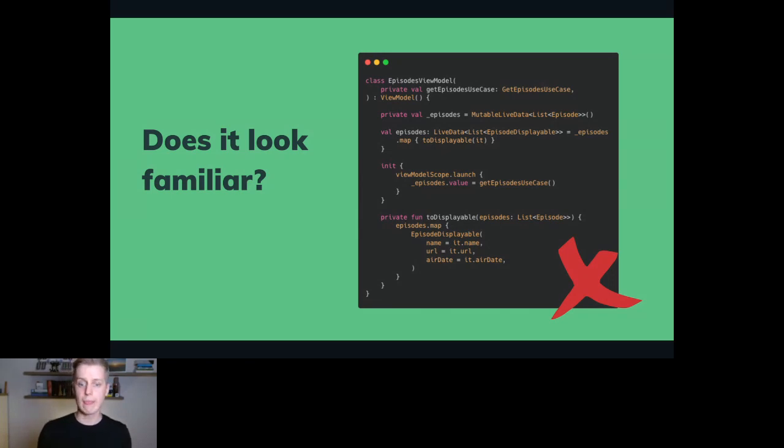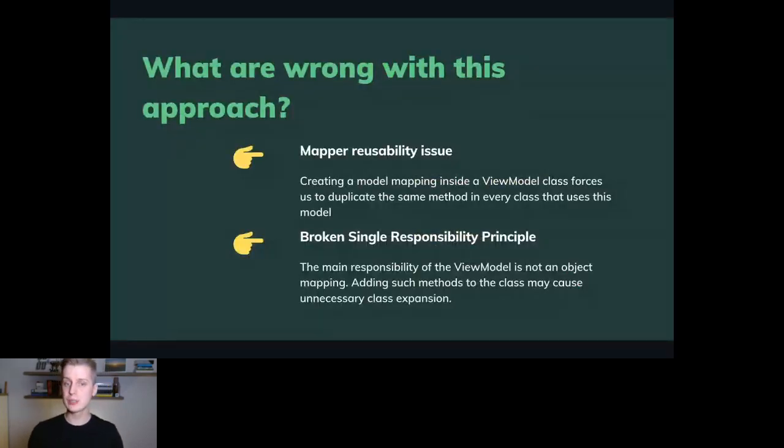Why? Because we cannot reuse that code. So, for example, if we write a mapping method inside one view model, we cannot reuse it in a different view model, right? So we have a reusability issue. But what is even more crucial, when we have a mapping method inside a view model, we break the single responsibility principle. Because there is no room for mapping in view model responsibilities.